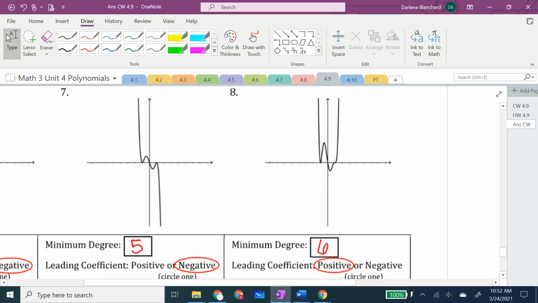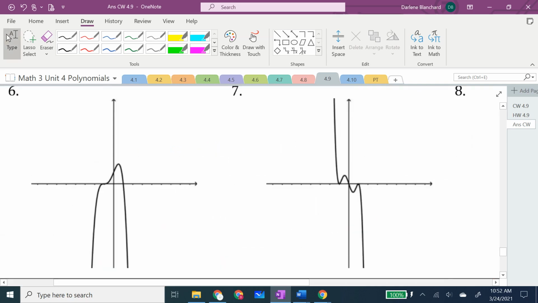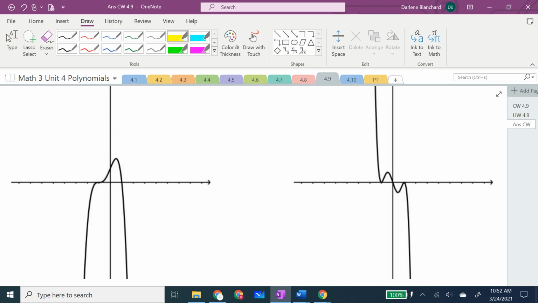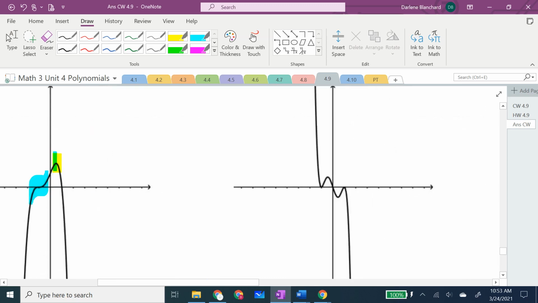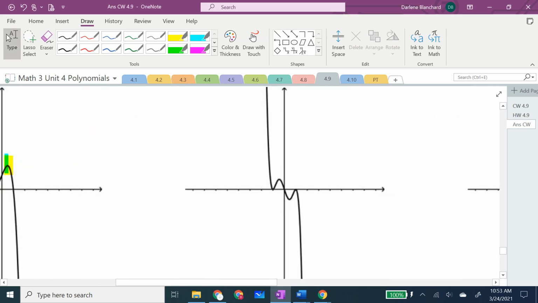And now let's look at these last ones. I have a relative maximum and a wiggly bit. So that's going to be 1, 2, 3, plus 1 is 4. Over here, I have a relative minimum, relative maximum.